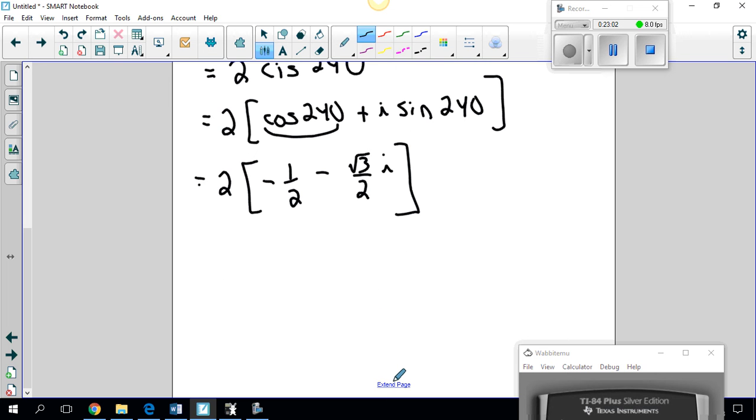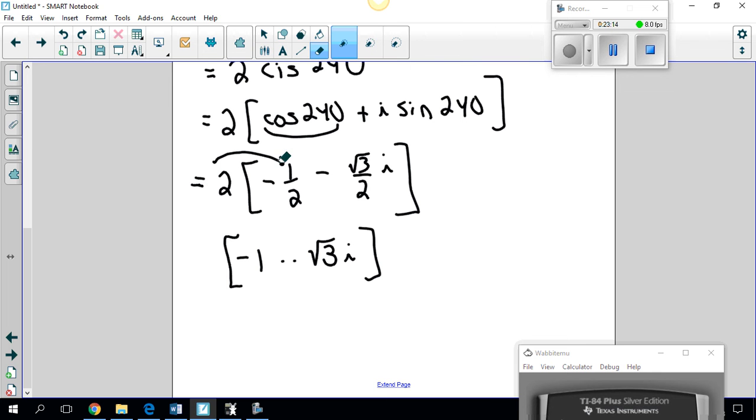I bring in the 2's, negative 1 minus square root of 3 i. Do I like that? No, not really.